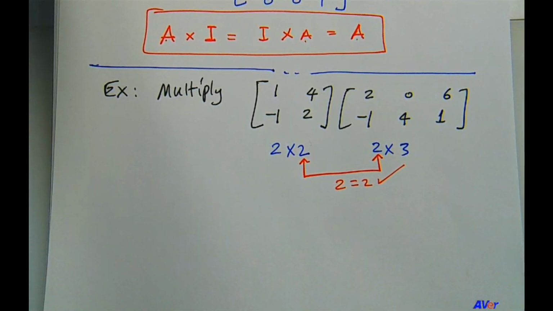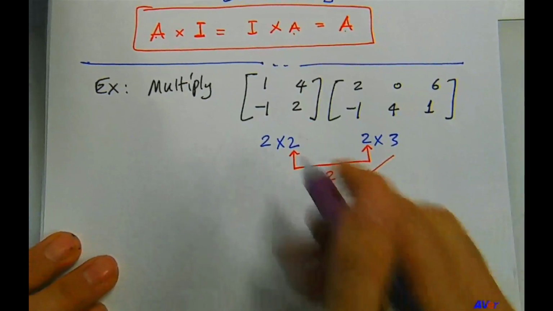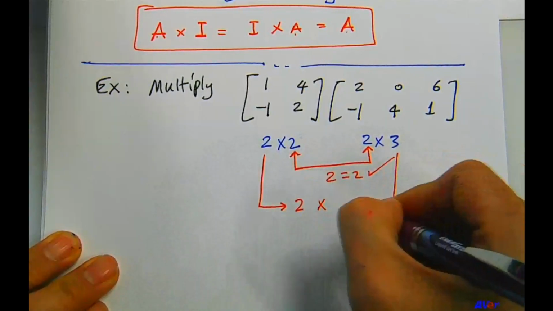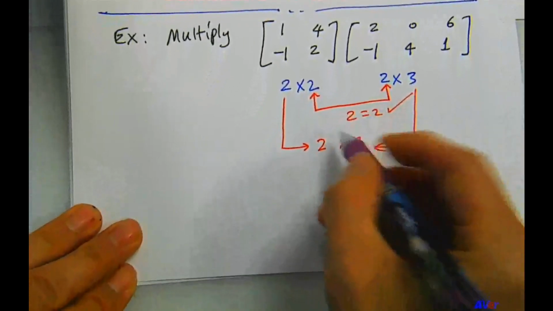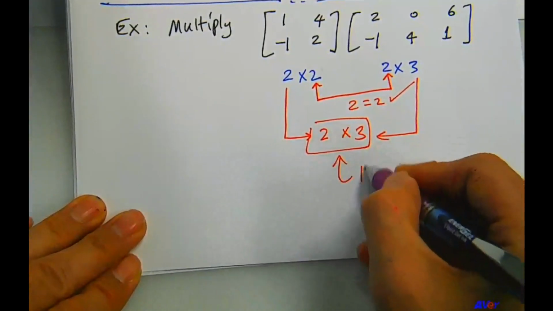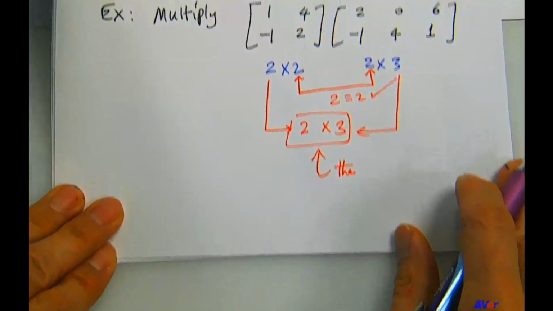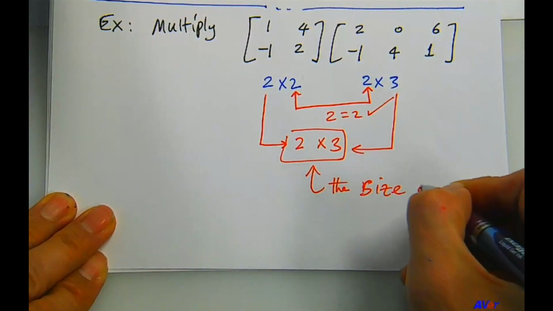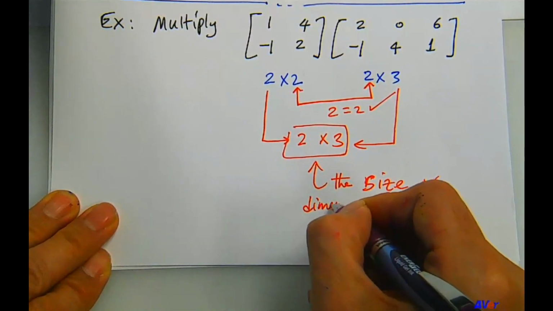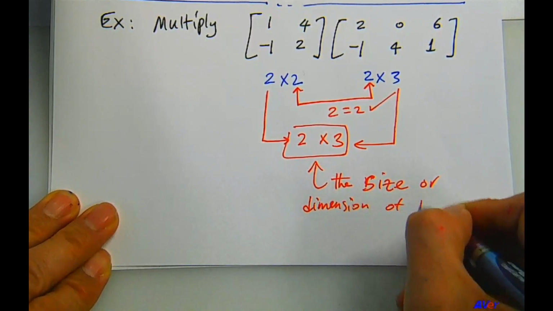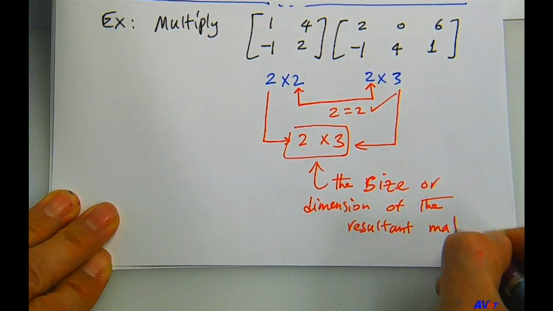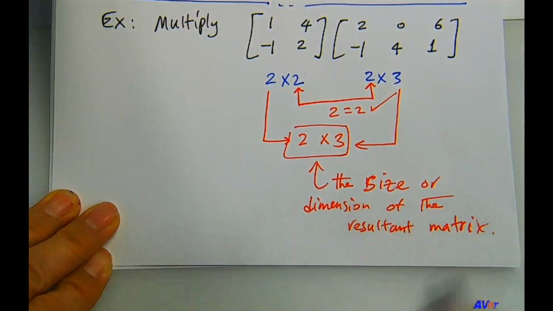And the next question is, what is going to be the size of the resultant matrix? Well, that is given to us by these 2 numbers. So 2 by 3. So that's the size or dimension of the resultant matrix.